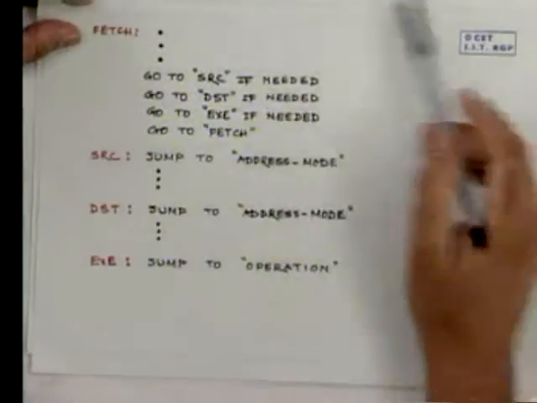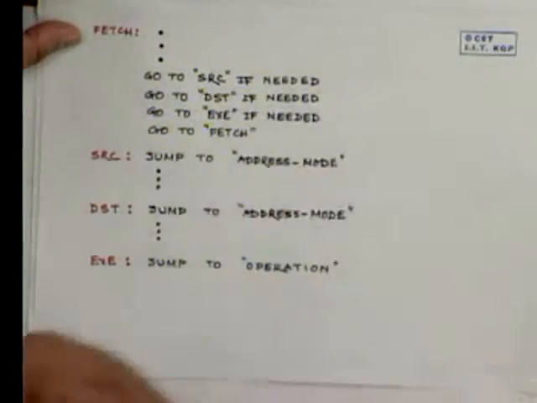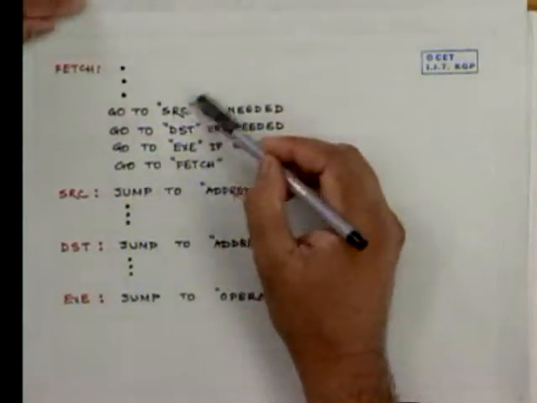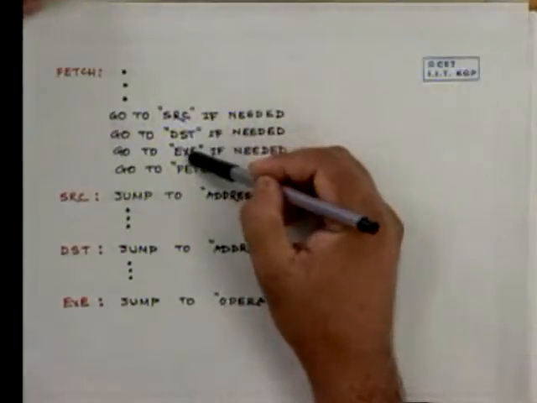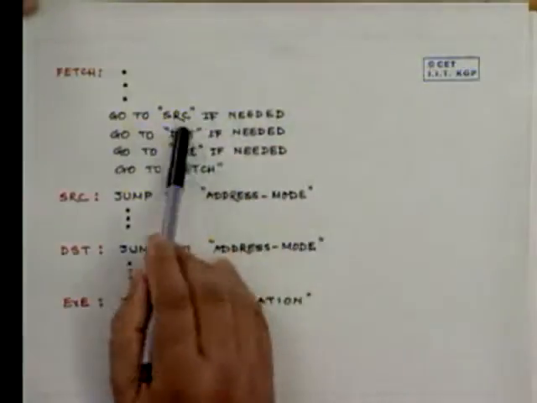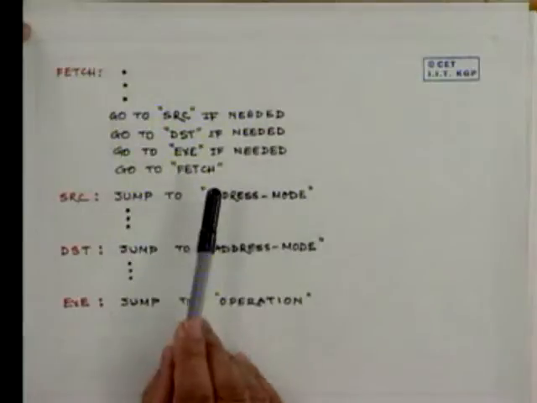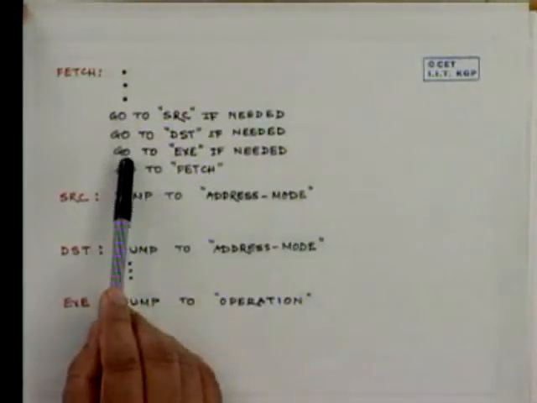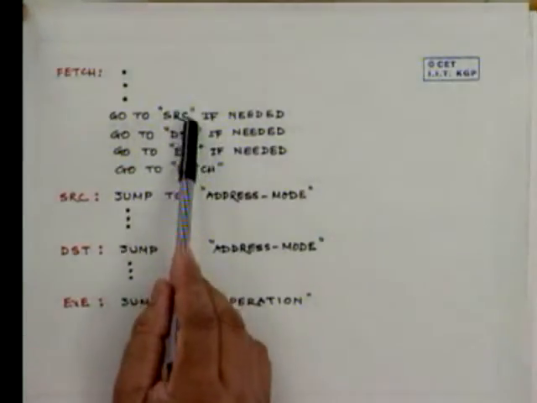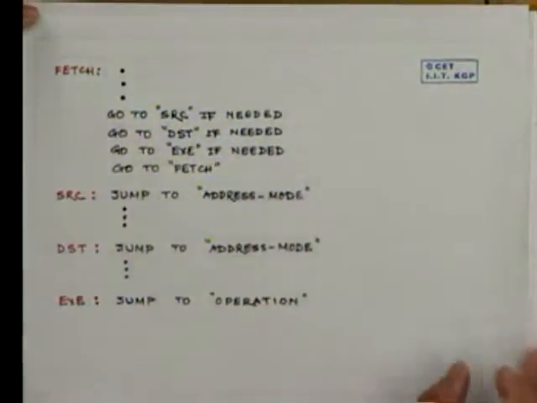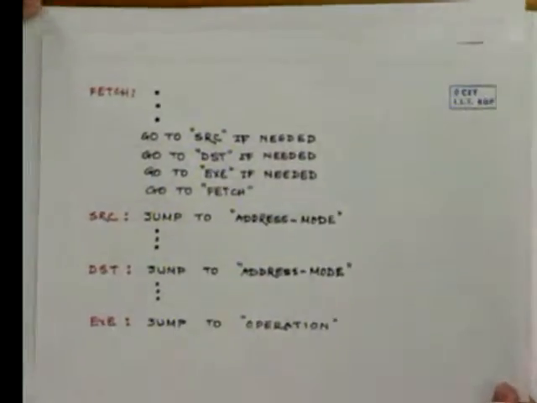Of course, one thing I've forgotten to mention here is this: though I have shown, for example, source, destination, execute, etc., naturally, what exactly will be the cycles will be decided by how many operands an instruction has. Okay, as I've said earlier, in the overall discussion I have assumed a 2 address machine. Naturally, it has to be cut to fit 1 address or 3 address or any other addressing modes.